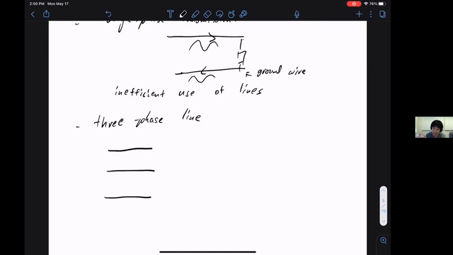And this way, you can add things up such that they cancel each other out when you look at a cross-section plane, right? So let's say here I have a sine wave goes this way. Then here I want to phase shift this by 120 degrees. I want to still phase shift this by 120 degrees.